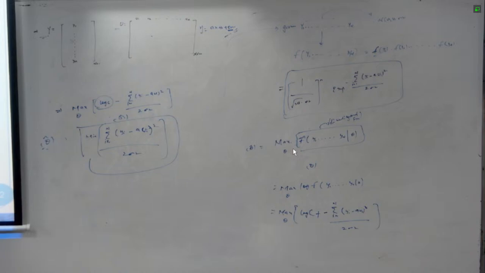In MSE, you divide by the number of samples, 1 by n, or is it just a sum of square of errors? In mean square error you divide by n. But in general least squares, do you divide by n? You don't divide by n, I think.